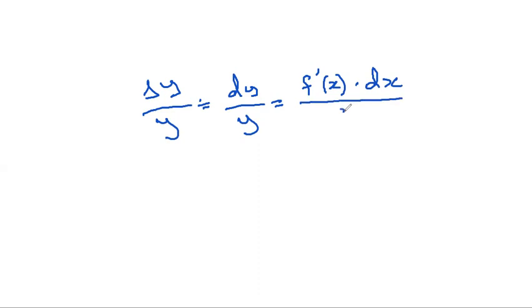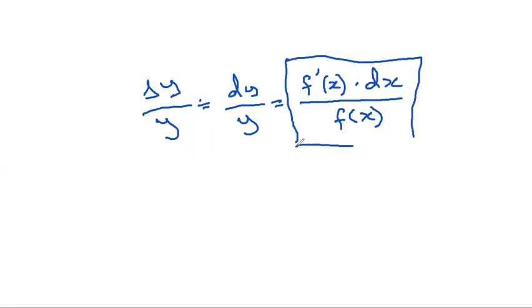If you want, you could even put in here that y is the same as f of x. So this is what it's all about. This is our relative error. And if you want to turn it into a percentage error, you just make it over 100. Whatever that turns out to be, over 100.